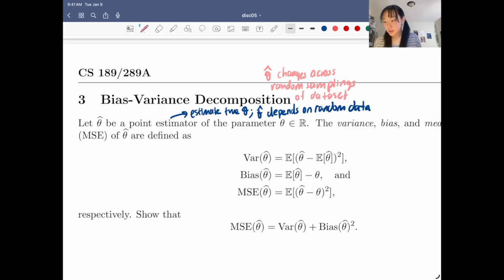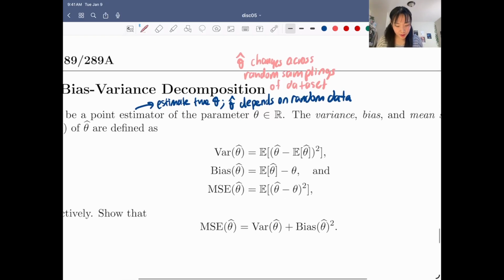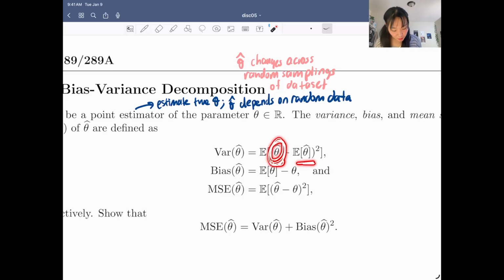Okay, continuing on, now we have definitions of the variance, the bias, and the mean squared error. You can tell by this equation that the variance essentially tells us how much our estimate fluctuates around its own average. So we can have a bunch of theta hats, and then we can have the expectation of the theta hat. After doing this experiment a bunch of times, what is the expectation of this parameter?